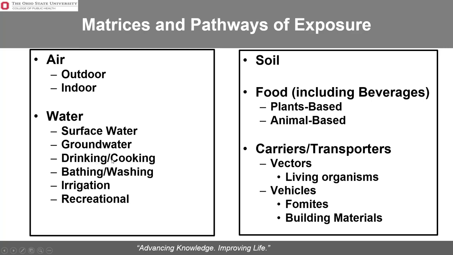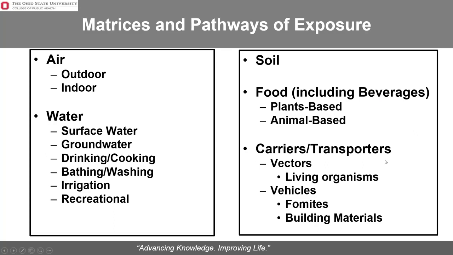Is it used for drinking and cooking purposes, bathing, irrigation, fishing, swimming, etc.? Soil can be categorized as well, but for the purposes of environmental public health, it's less important, so I'll just leave it generically as soil. And then food, including beverages, is primarily categorized as plant-based and animal-based food.